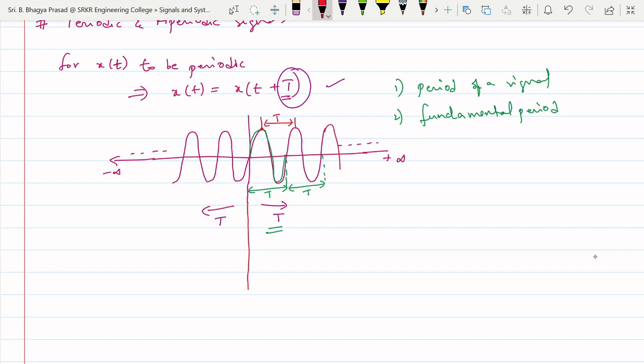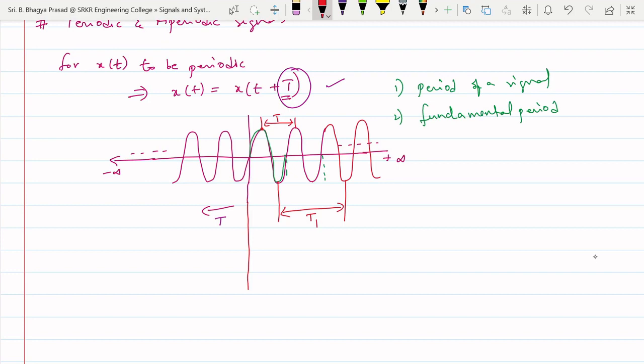If I continue drawing like this, now I take the value from this point to this point, and I take this one as some T1.